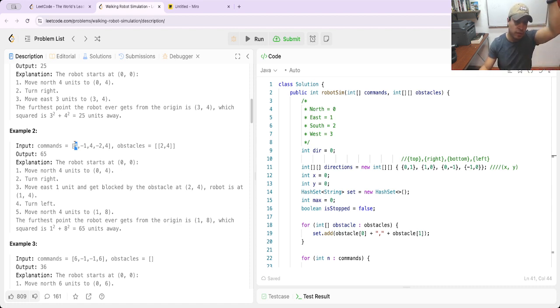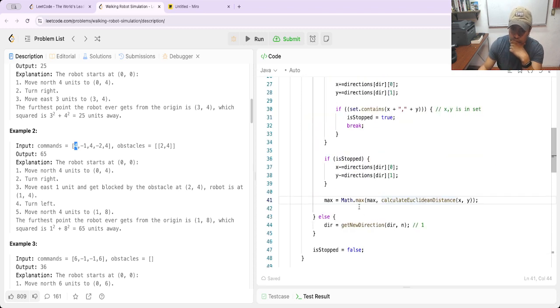Okay, 1, 2, 3, 4. Okay, got it. Now minus one means that it turns right. Okay, and next it should move 4 times, and when it has one unit it gets blocked, because the second is no, it's okay. Yeah, because the next time in one move, yeah, no, it's right.